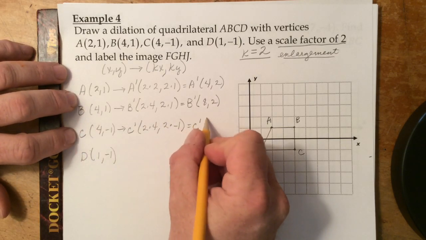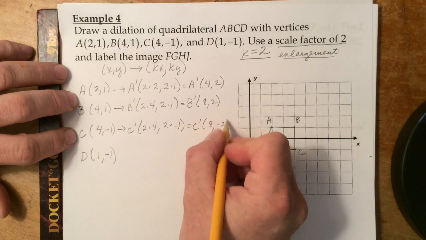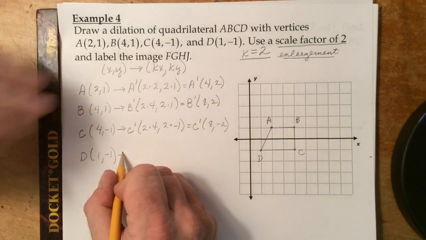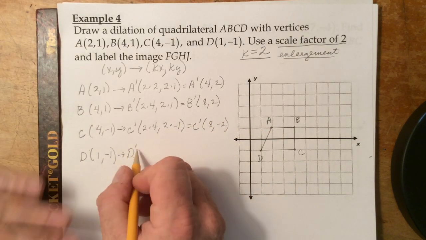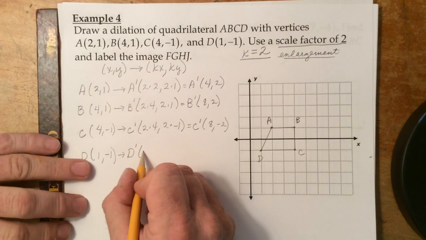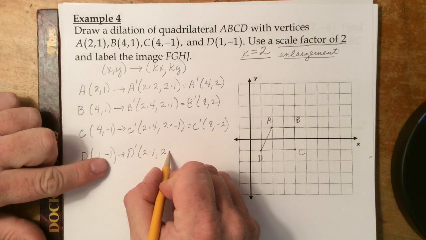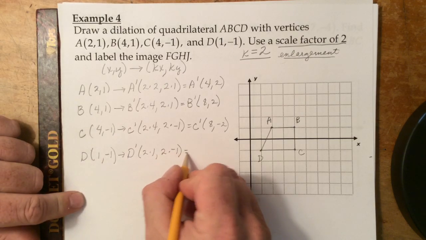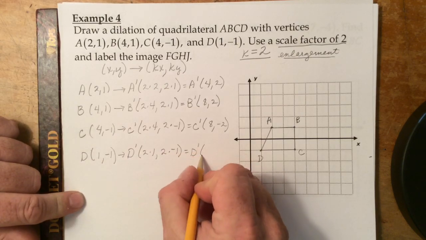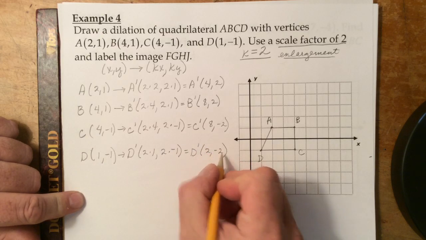That gives us C prime at (8, -2). And finally D prime, using K equal 2, we have 2 times 1, the x coordinate, comma 2 times -1, the y coordinate. And we get D prime at (2, -2).